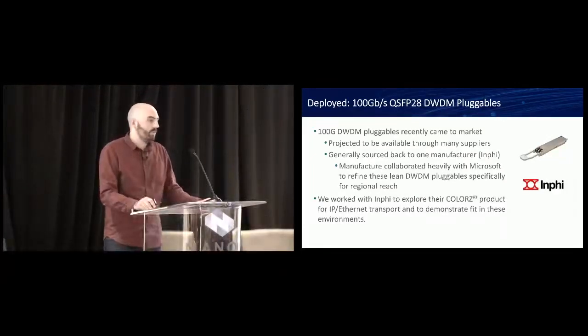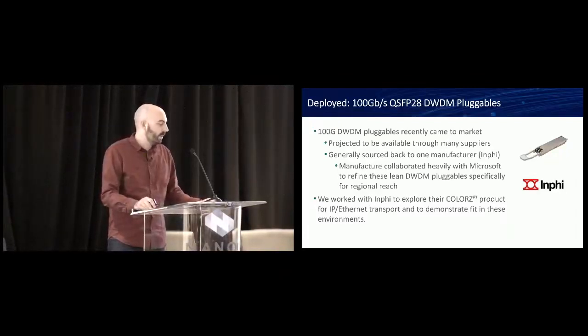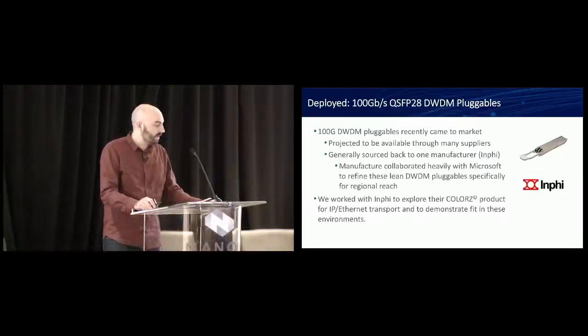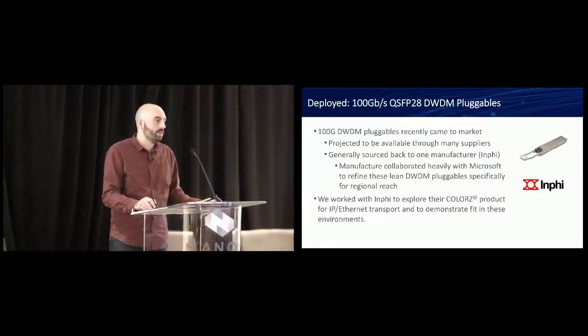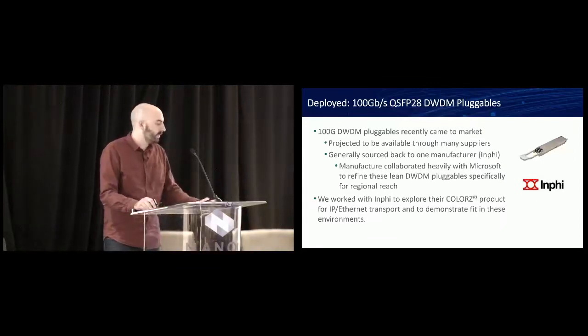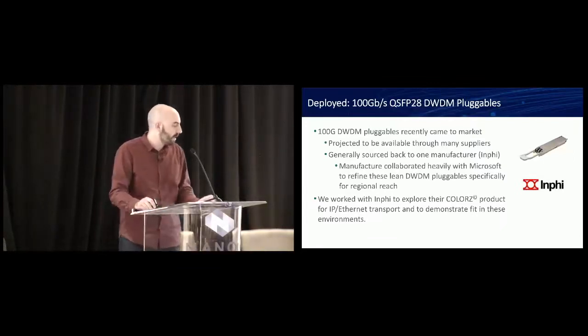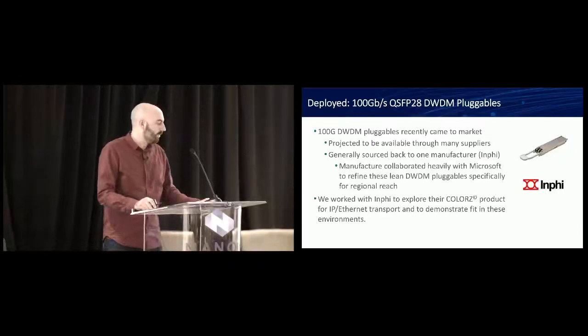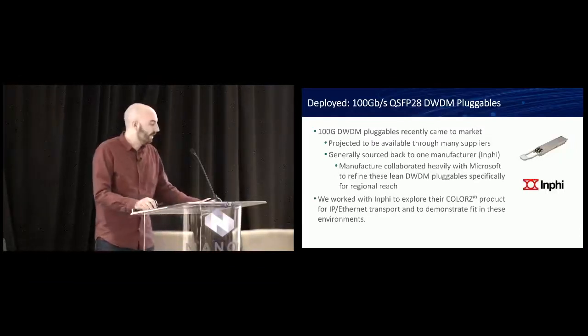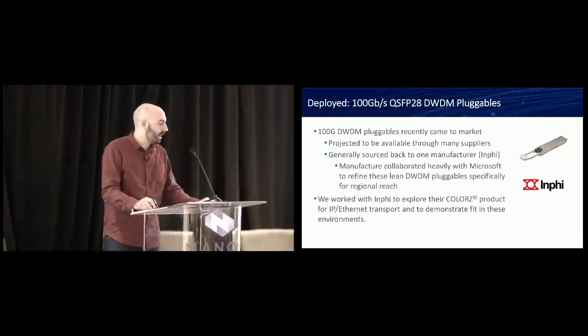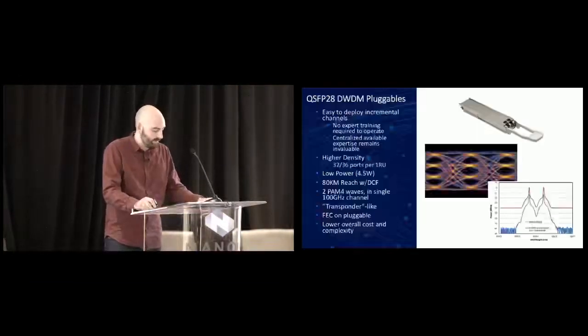They're generally sourced back to one manufacturer, Inphi, and that manufacturer collaborated heavily with Microsoft to refine these lean DWDM pluggables specifically for regional reach, and that's been documented in a lot of different research papers presented on this topic previously. We worked with Inphi to explore that colors product for IP Ethernet transport and to demonstrate the fit within these environments that we talked about earlier.